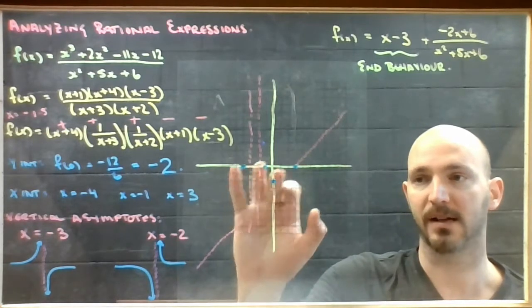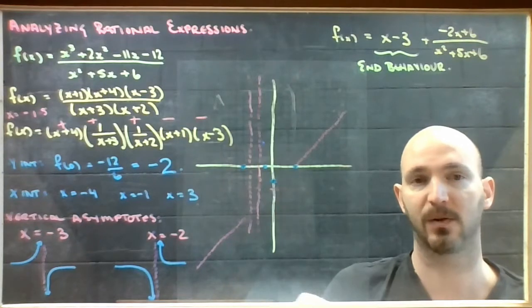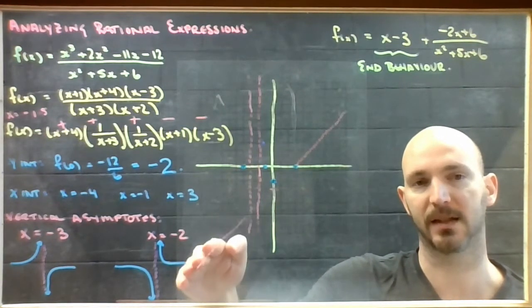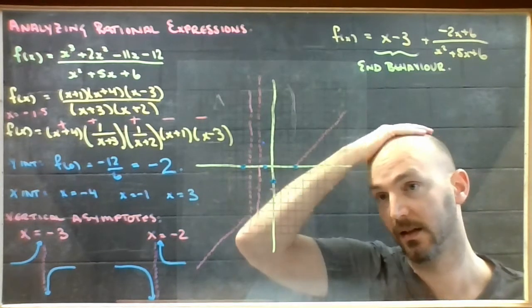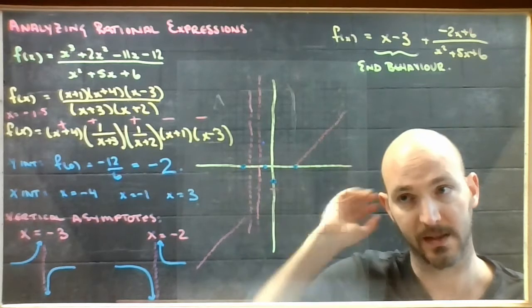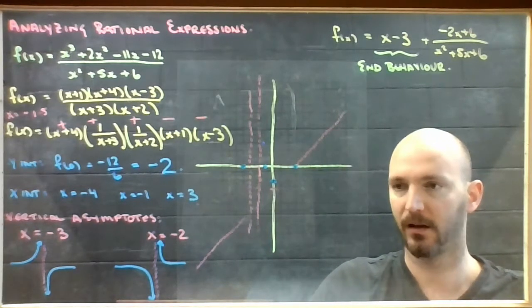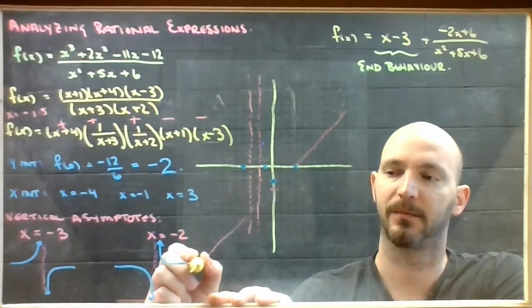So I know where it crosses the x-axis, I know where it crosses the y-axis, I know where it has to go to infinity, and I know that over here I need to be approximately this line, and over here I need to be approximately this line. So, let's see. I'm going to come in along my x minus 3 line.